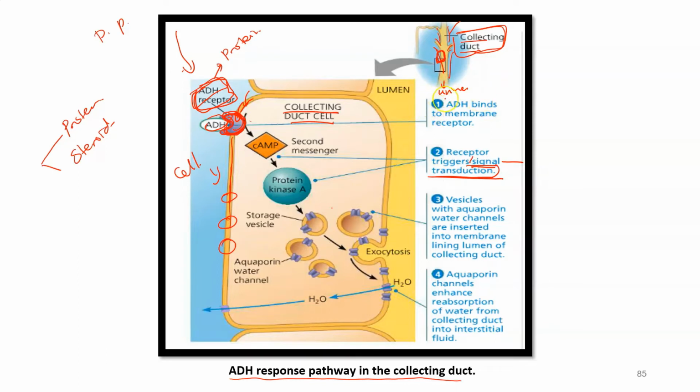If we look at the mechanism, the ADH hormone binds to the membrane receptor located at the target cell, in this case the cell of the collecting ducts, and causes the receptor to trigger signal transduction. The binding of ADH to the receptor causes the formation of cAMP, cyclic adenine monophosphate, which functions as the second messenger, with the hormone as the first messenger.